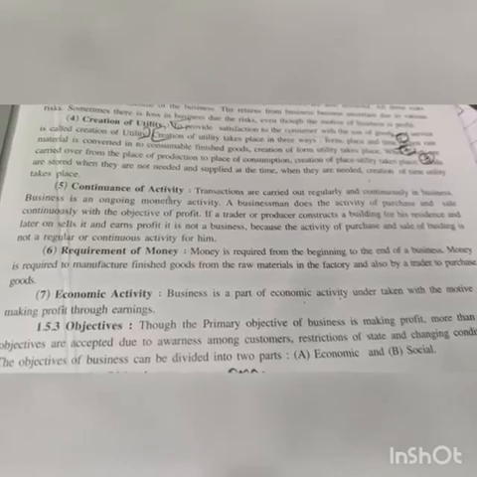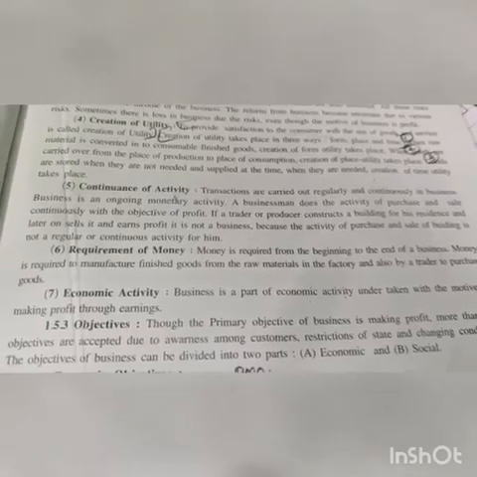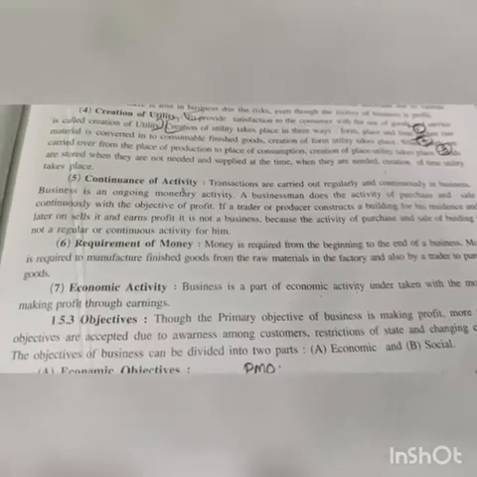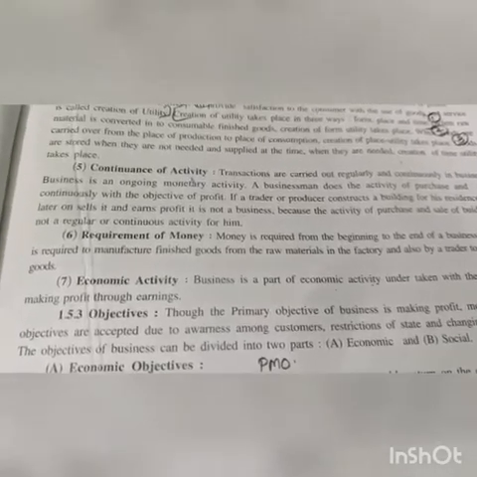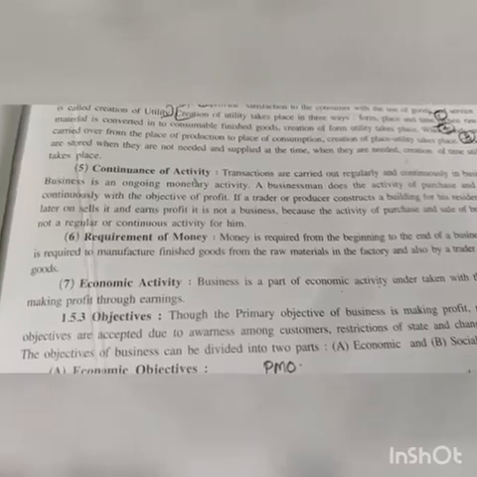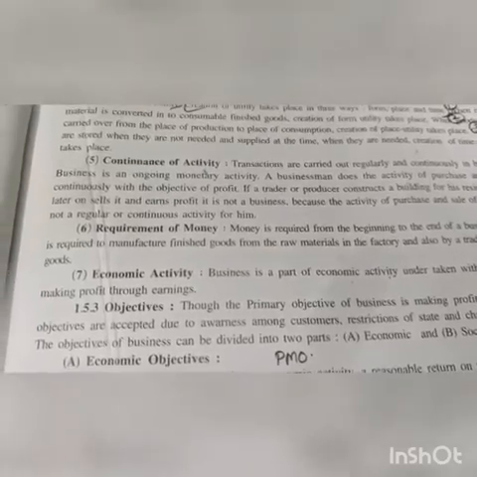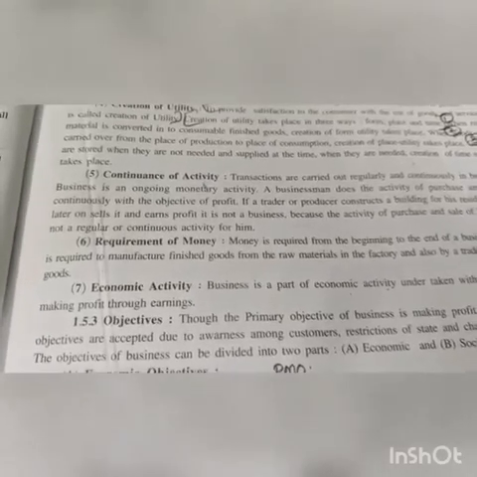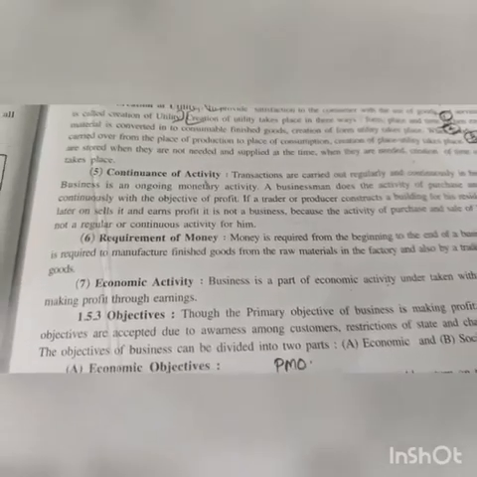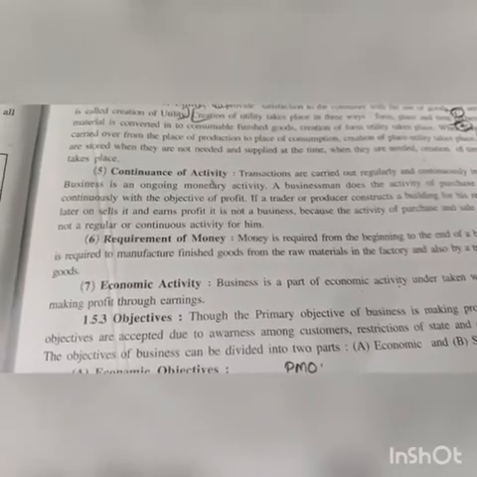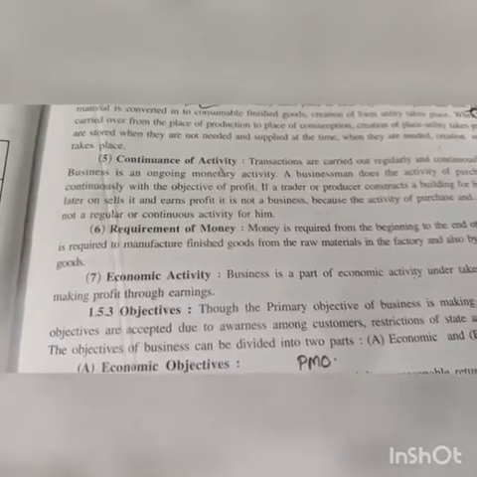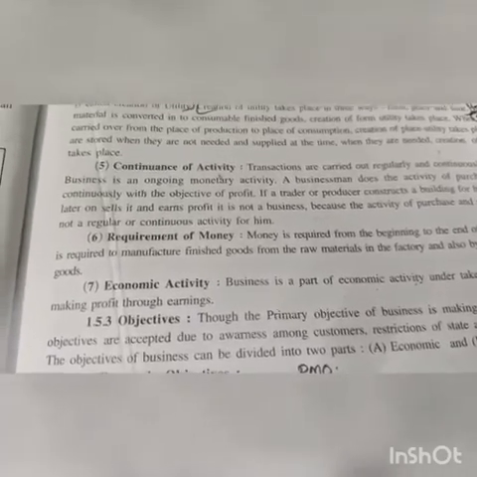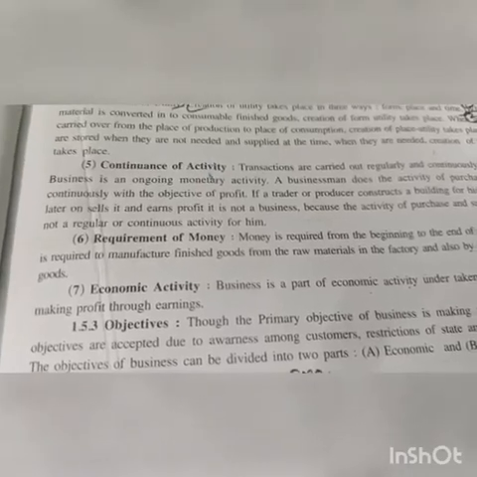For manufacturing any goods you need raw material, and that raw material is always needed in the business, because if raw material is not there, manufacturing will not take place, and if money is not there, then you cannot purchase the raw material. So at the center, what is needed is money.